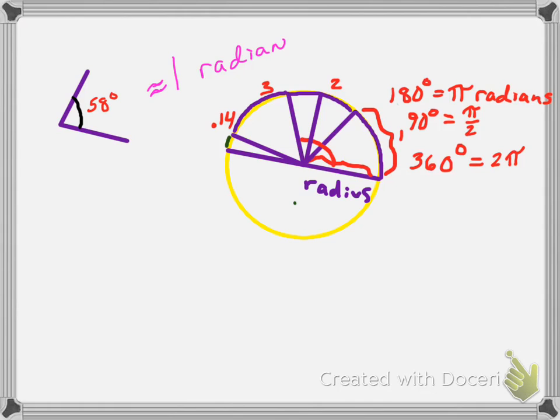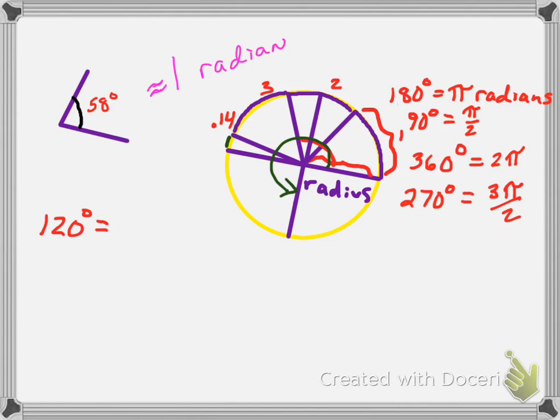Let's try one that's a little more challenging. 270 degrees is how many radians? 1.5, but I don't like mixed numbers, so we're going to change it to an improper fraction and call it 3 pi over 2.